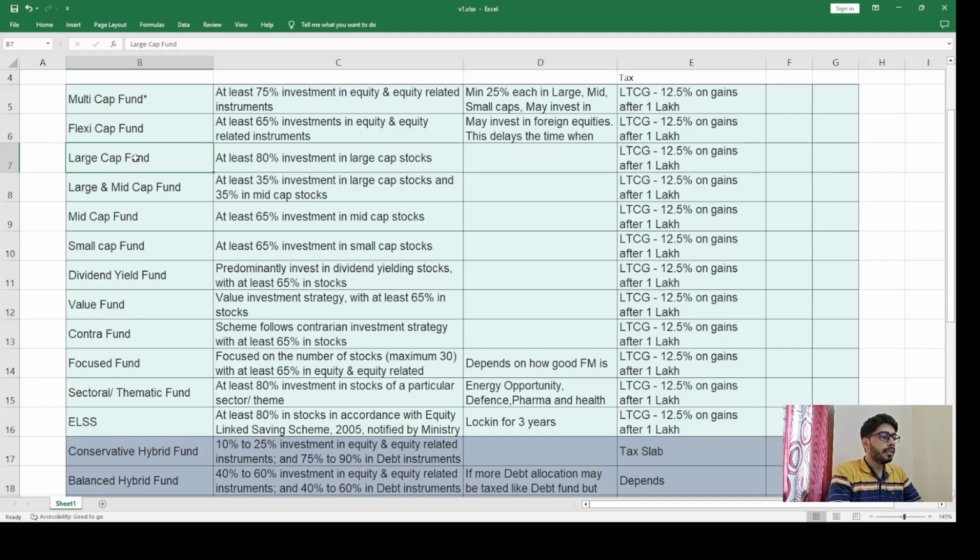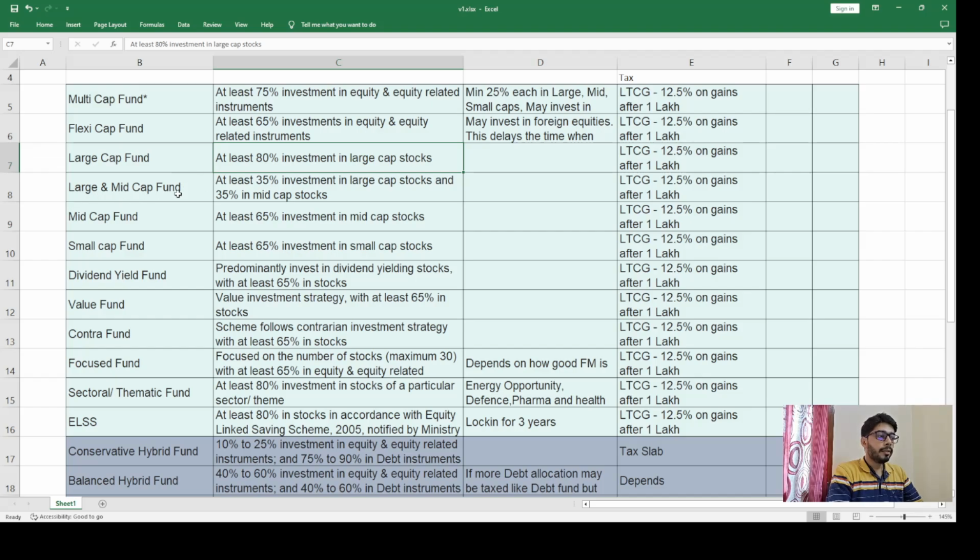Okay, then the other categories are like large cap fund, large and mid cap fund, small cap fund. So these four are more famous, and people invest in this because with large cap fund they get about 80% of investment done in the large stocks, that is the top 100 stocks in the Indian stock market based on market capitalization.